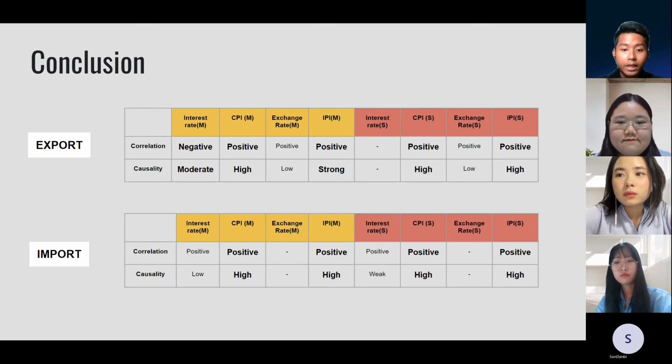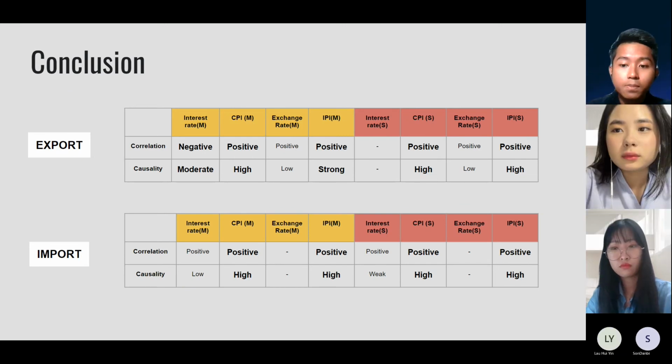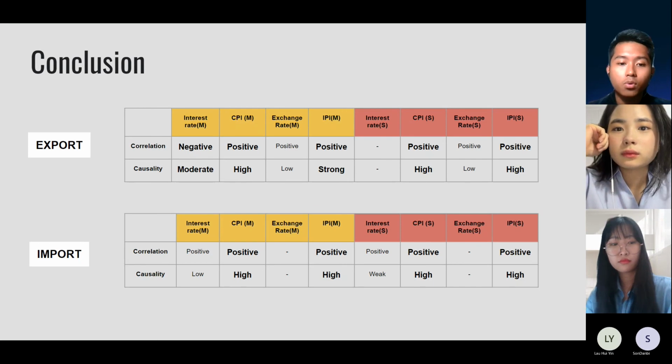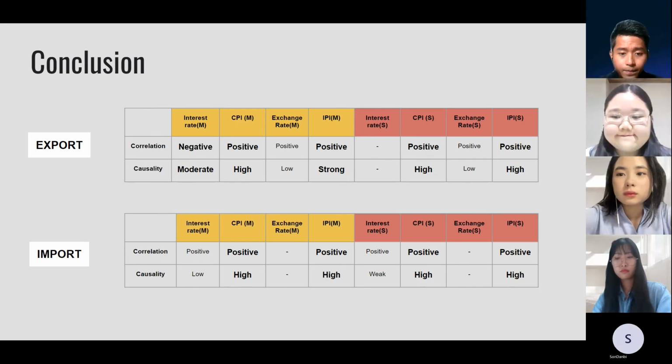On the other hand, it is the CPI and IPI which heavily influence both export and import based on our analysis. For CPI in both countries, it influenced both export and import on the same level, while Singapore CPI illustrates a stronger causality effect with both export and import by the Granger causality test. Malaysian CPI appears to have a stronger correlation with export and import through regression and coefficient correlation, but it is not apparent through the Granger causality test.